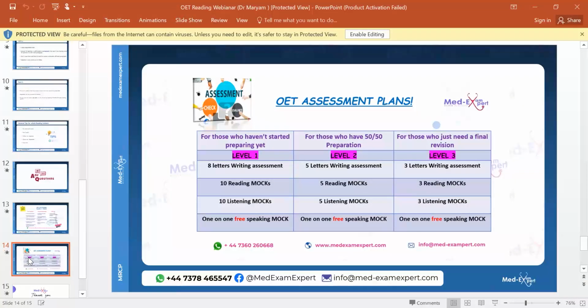We arrange for the mocks just before the real exam, but the real exam we don't arrange. This is totally in control of the Cambridge management. This is conducted by Australia, okay?